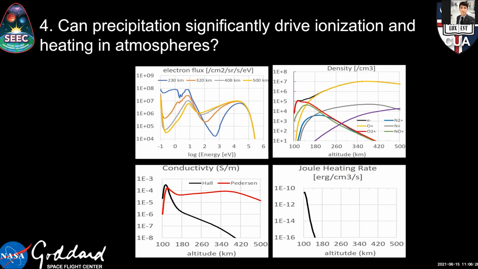This conductivity peaks at low altitude because it is a sweet spot of rich neutral and ion density. Lastly, the conductivity together with electric currents can drive Joule heating, because they act like an electric circuit, as I mentioned earlier.